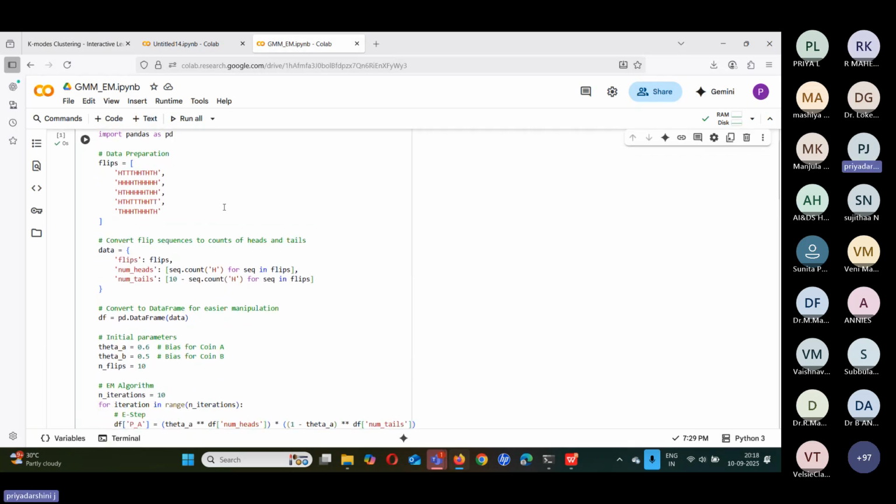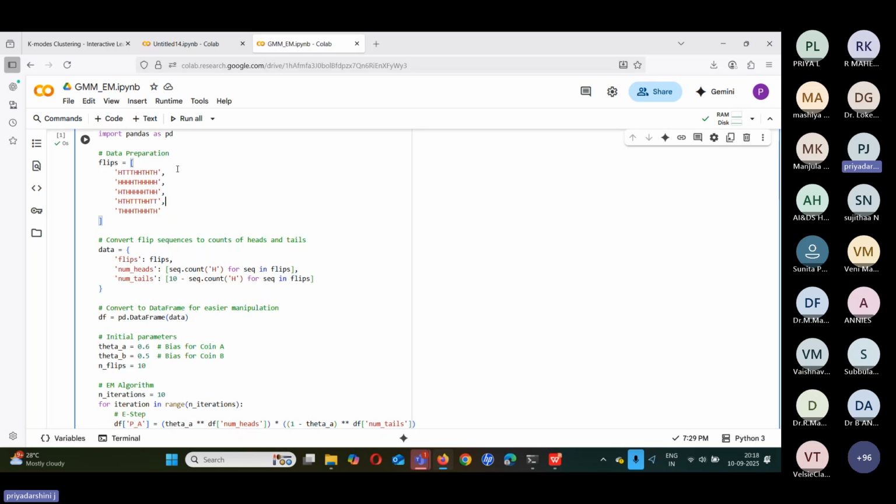Hope you all can understand the Python code. So here I have given the occurrences. I told you GMM is a probability based method. So here we have just given the flips of 5 coins. 5 different occurrences and 10 times of each of the coin.